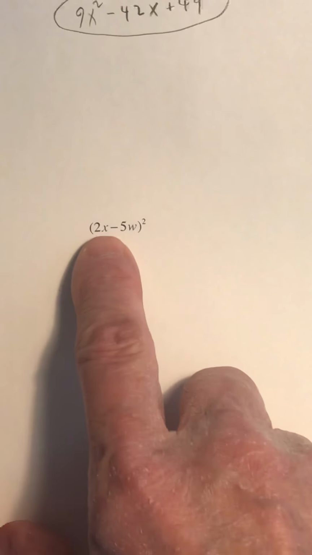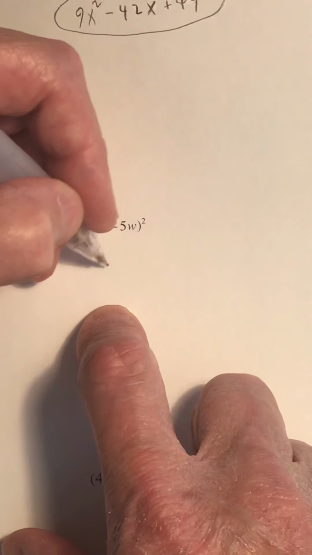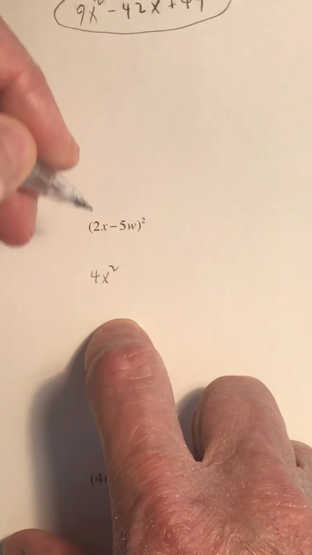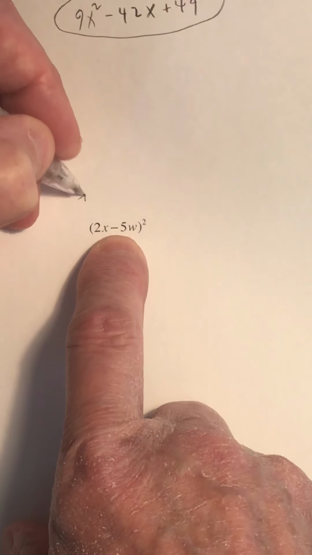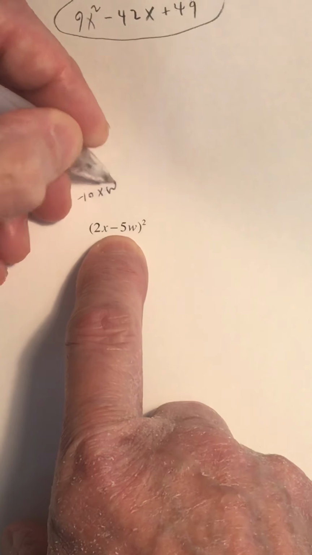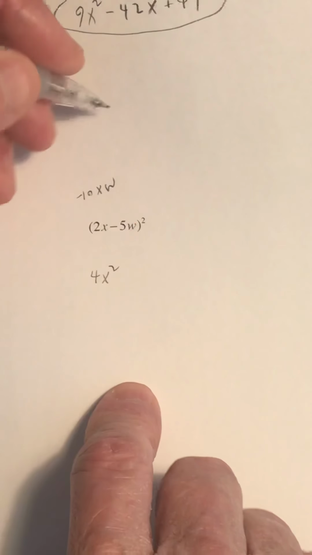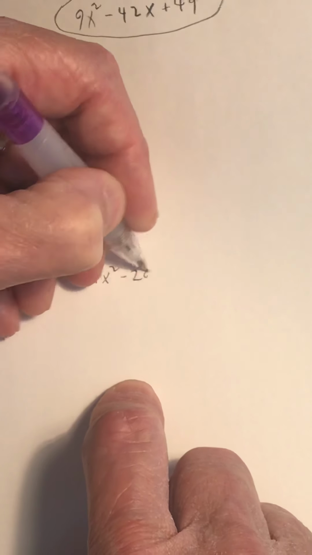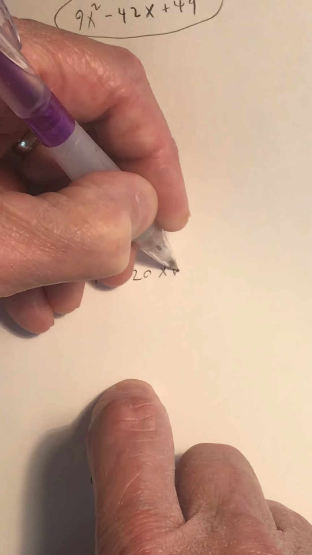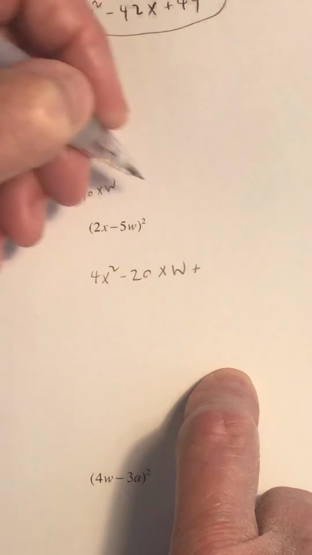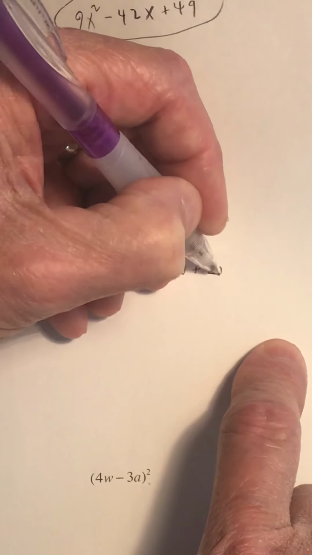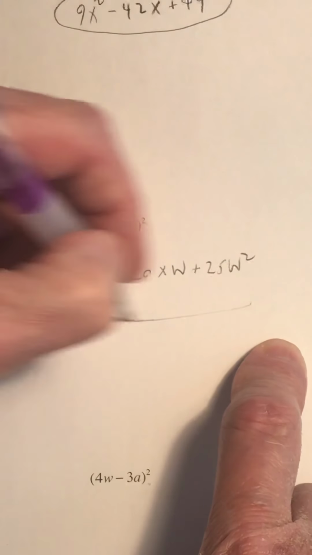So popping down here, 2x squared is 4x squared. That times that would be minus 10xw. Double that, we get the middle term is minus 20xw. And lastly, minus 5w times minus 5w, 25w squared.